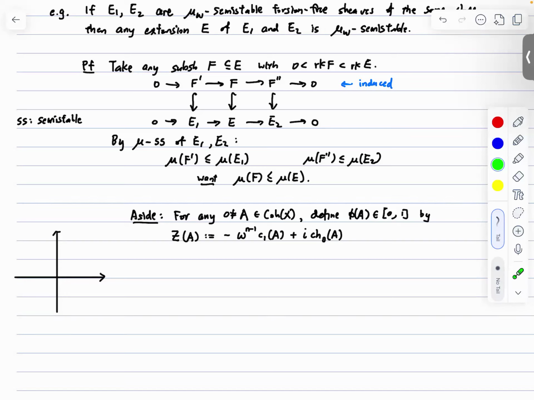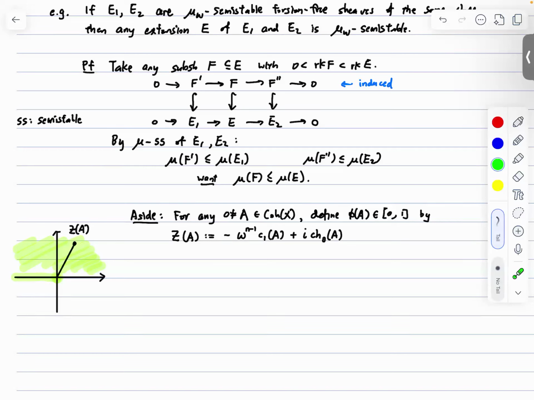So this complex number Z of A can only appear either at the origin, the negative real axis, or the strict upper half plane. Yeah, and so let's suppose this complex number is maybe in the strict upper half plane, just for simplicity.